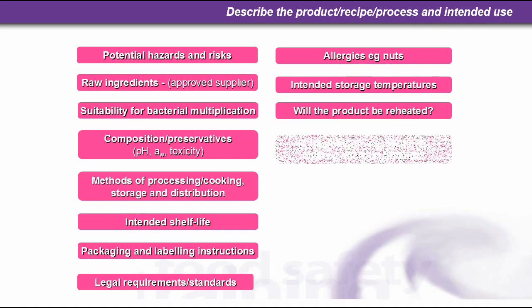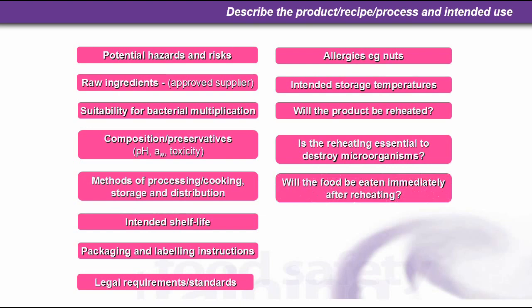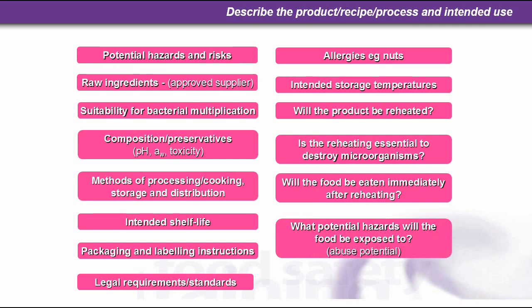Will the product be reheated? Is the reheating essential to destroy microorganisms? Will the food be eaten immediately after reheating? What potential hazards will a food be exposed to, which could lead to abuse potential? And the intended use. Is it intended for any of the at-risk groups? For example, the elderly or the very young, people who are already ill, pregnant women, immunocompromised, etc.